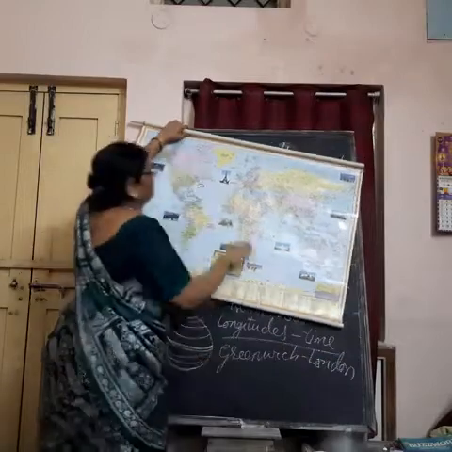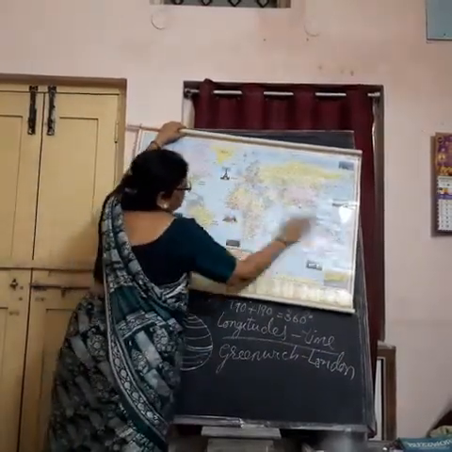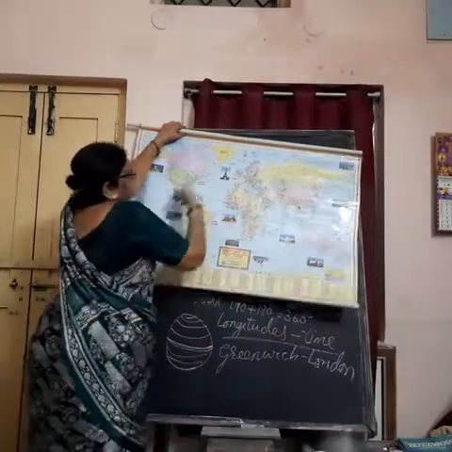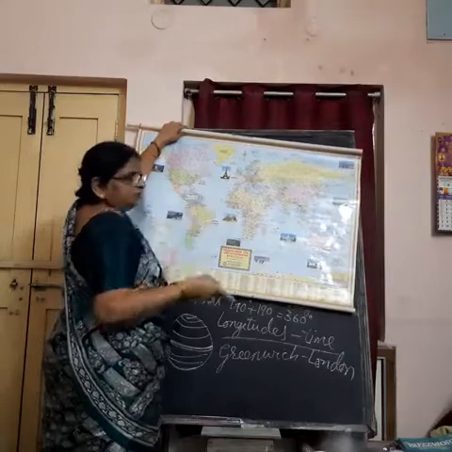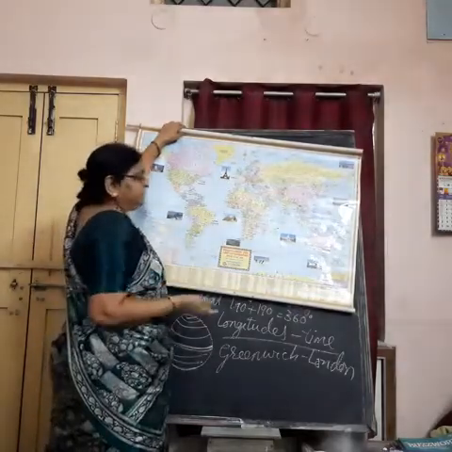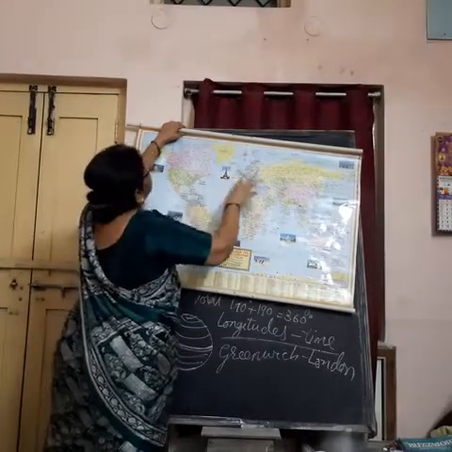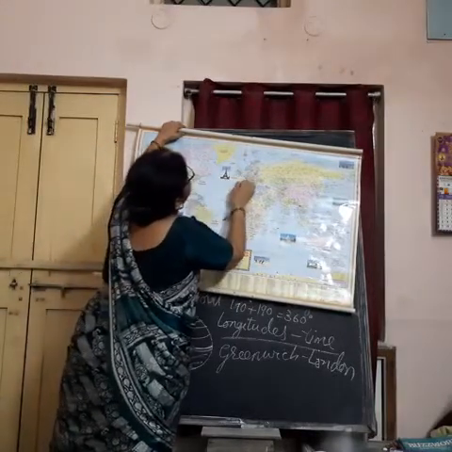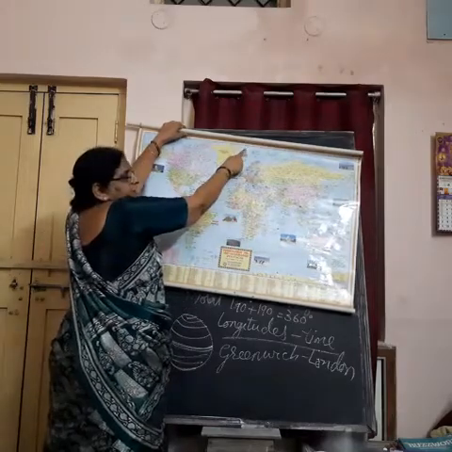So, it passes through the center of the earth, you see. On both sides, you find the same gap. It passes through the place called Greenwich, near London. And from there, if you start measuring the time, it will be 12 o'clock at midnight.